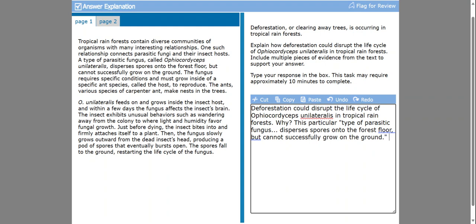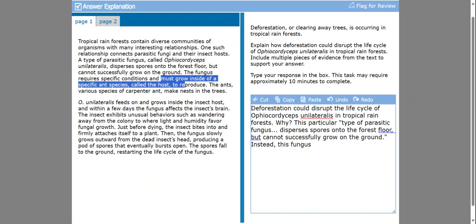So, deforestation could disrupt the life cycle of Ophiocordyceps unilateralis in tropical rainforests. Why? This particular type of parasitic fungus disperses spores onto the forest floor but cannot successfully grow on the ground. Instead, this fungus, and then I can say must grow inside of a specific ant species called, and I don't have to say called the host, to reproduce.